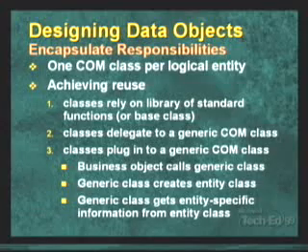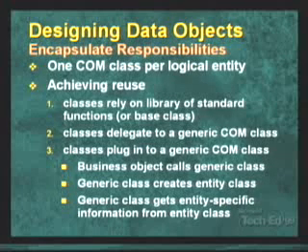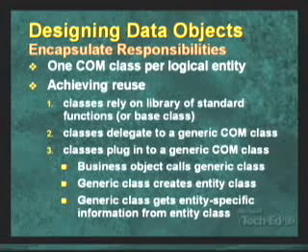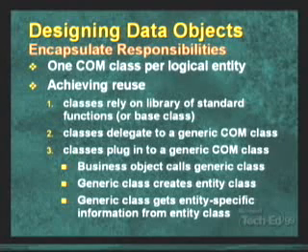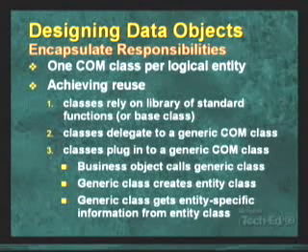And the business object calls this generic class and passes in the name of the class it wants to create that has the specific information about a particular object. That entity-specific class is created by the generic class, and it's used by the generic class to get specific information like the DSN string or the specific queries that you want to call.